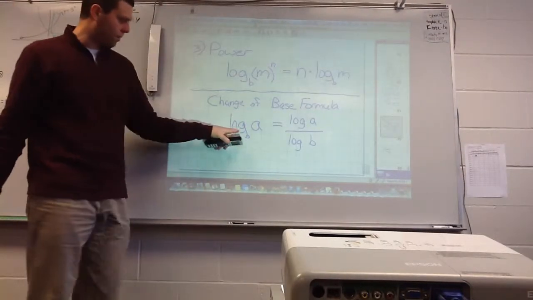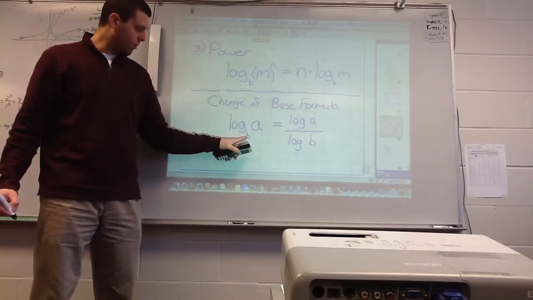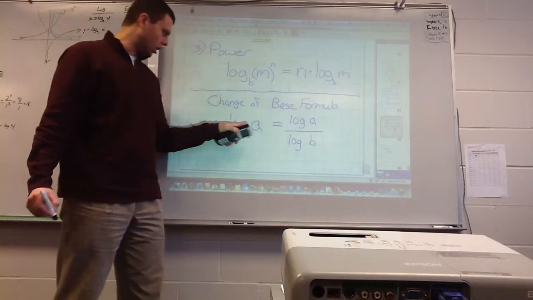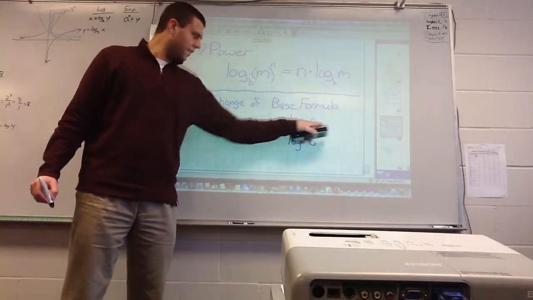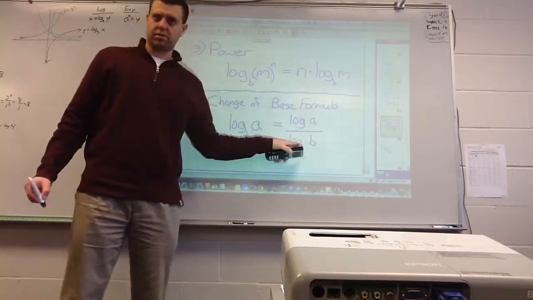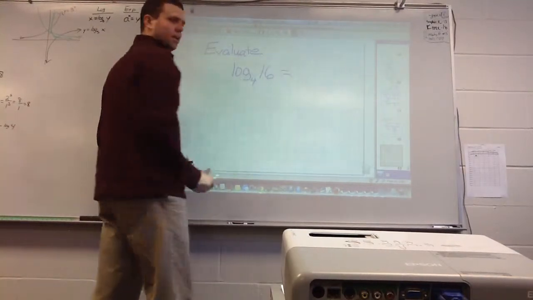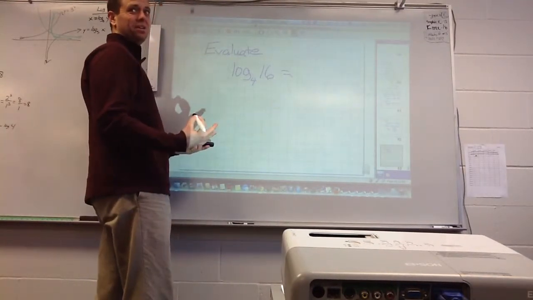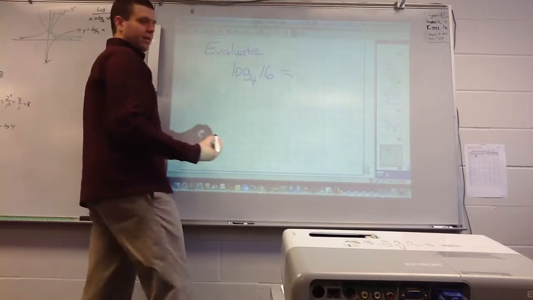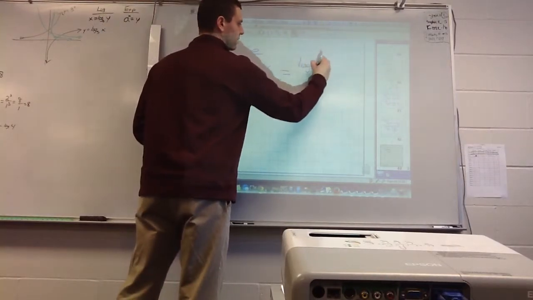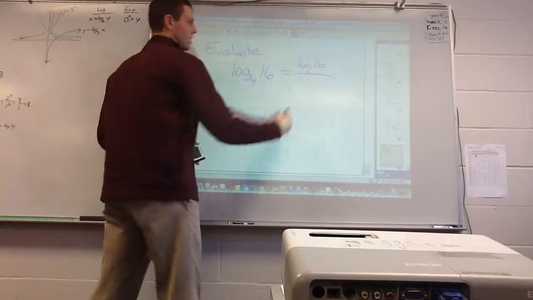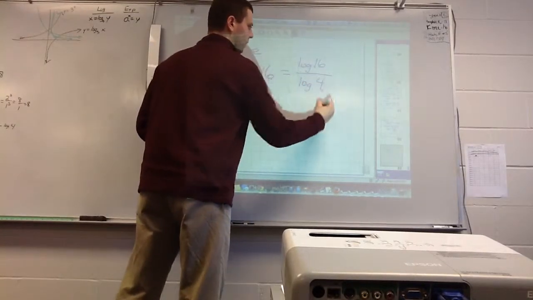Now notice what I wrote here. Log to the base b of a, you can just take the log of a and divide it by the log of the base. So using that, what could I do to get my answer, in case I really didn't know it? I could take the log of 16 divided by the log of 4.